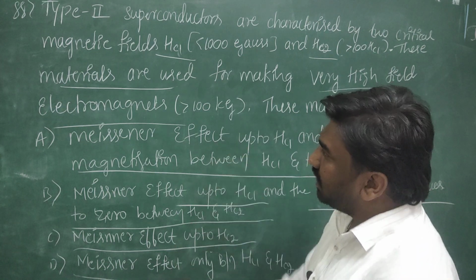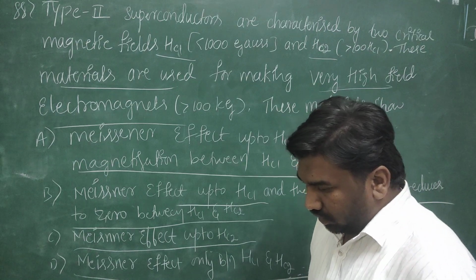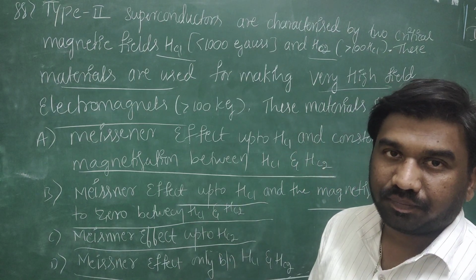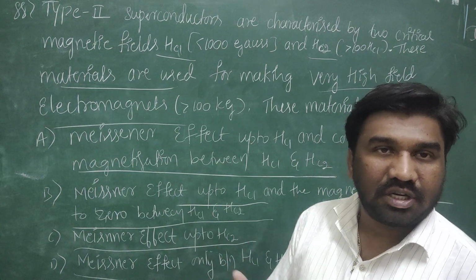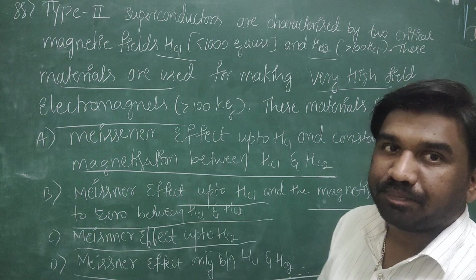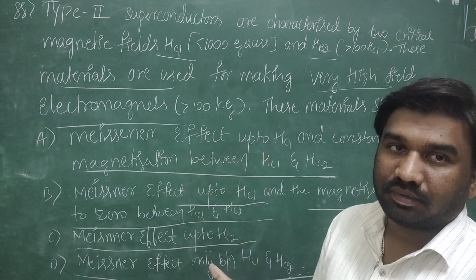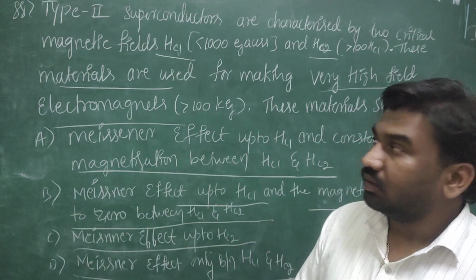So what is this Meissner effect? Meissner effect means when a specimen is placed in an external magnetic field and cooled to the transition temperature for superconductivity, the magnetic flux is ejected from this specimen. Okay, so that is called the Meissner effect.